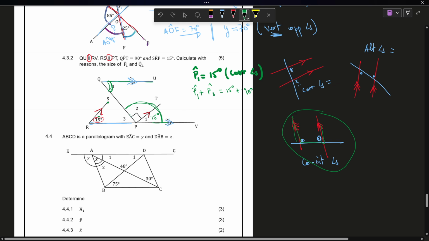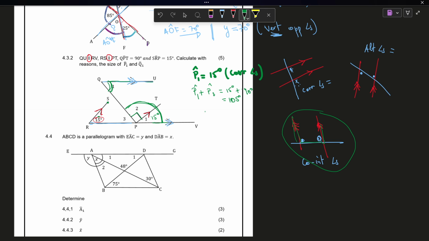Well, because I've got a little square here. That means I've got a right angle, which is 90 degrees. So the total here is, no, 105 degrees. So all this angle here is 105 degrees.